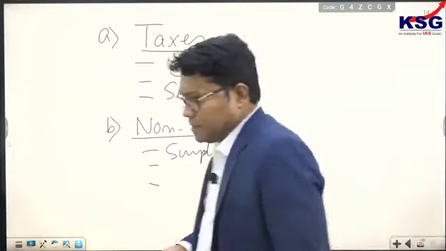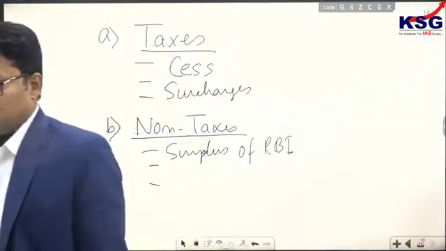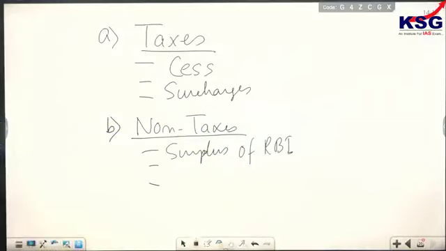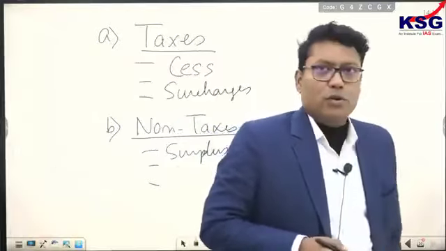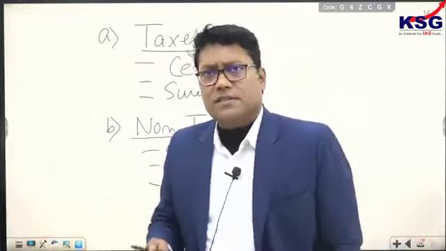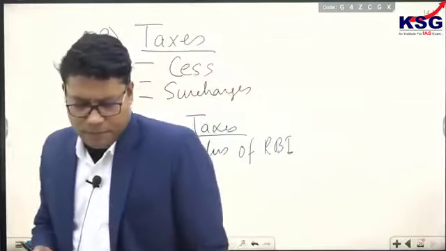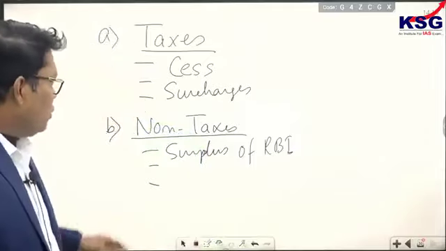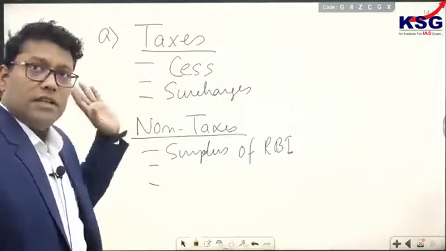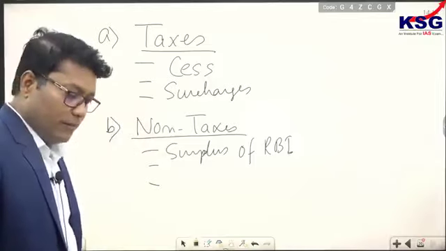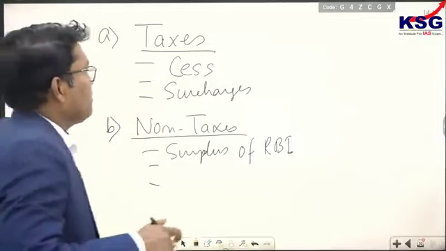Next, dividends, profits, etc. Interest, dividends, profits, etc. you can write. These are known as non-tax receipts, but combined this is known as revenue receipts. Clear to all? Now next you write capital receipts.